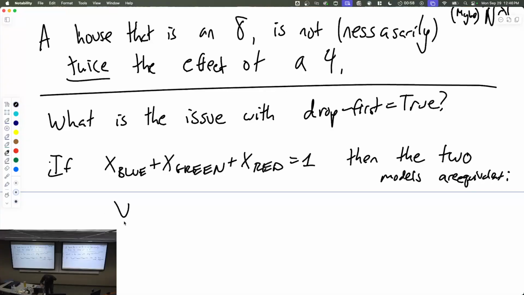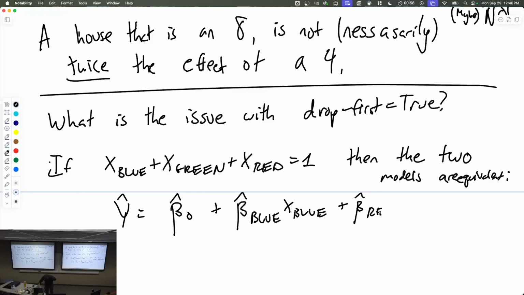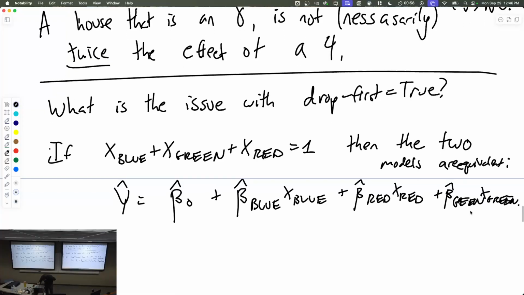And the two models I'm talking about are y hat is beta hat 0 plus beta hat blue x blue plus beta hat red x red plus beta hat green x green. Okay, and that's one model, model 1.